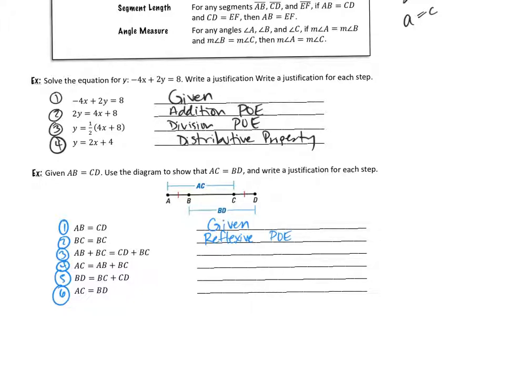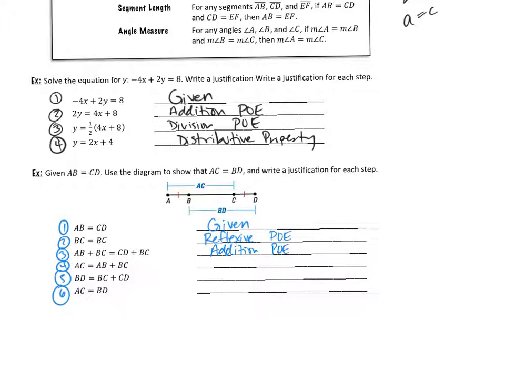In step 3, we've taken step 1 and added the length of BC to both sides, so that is the addition property of equality.